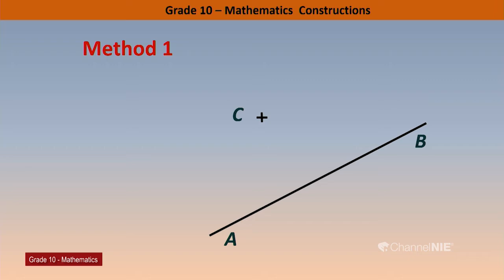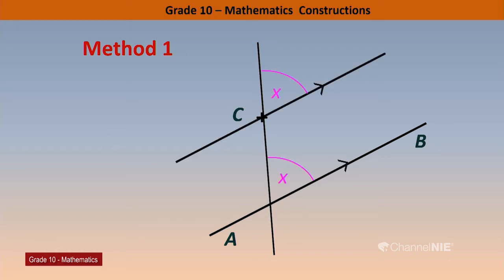So, this method is like constructing corresponding angles. As an example, if we take any line, if you want you can take this line through A or through B or any point, you can construct any line to intersect this line. So, if we take another line like this, these two angles are equal. We know that these two angles are corresponding angles.